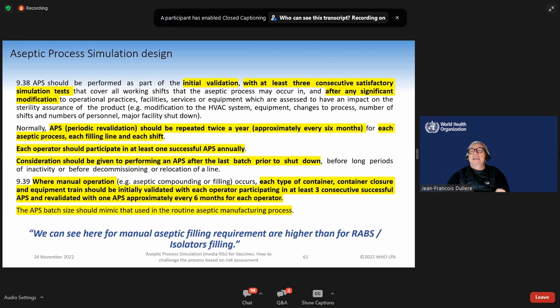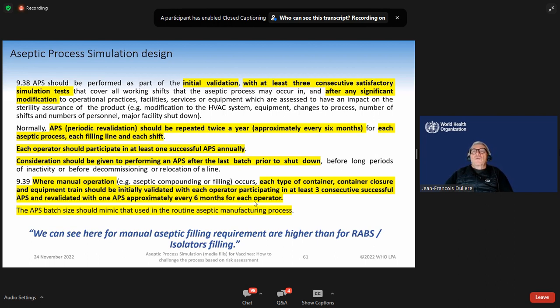Each operator participating in at least 3 consecutive successful APS and revalidated with 1 APS approximately every 6 months for each operator.